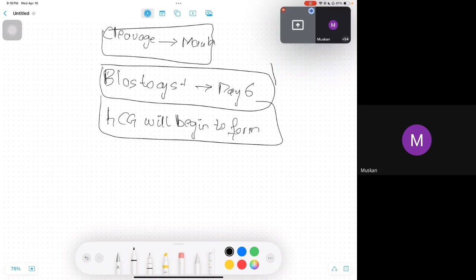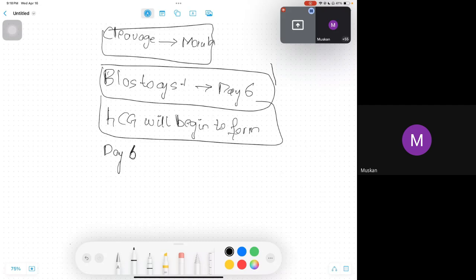So HCG will start to form at the time of blastocyst formation. That will be day 6. So remember, it will be day 6, and when HCG begins to form, at the same time the blastocyst will be implanted in the uterine wall. The second thing is that you can only know that a woman is pregnant by urine pregnancy test on day 6 after the woman had intercourse.